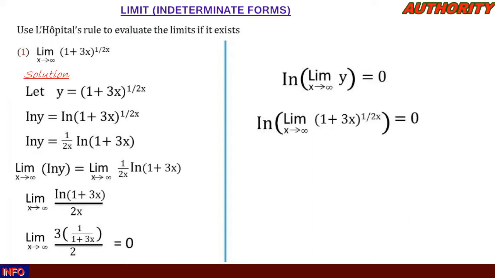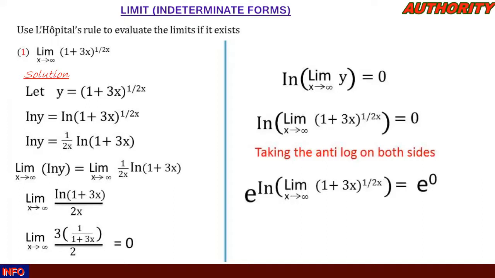So here now we are going to remove this ln. Initially we took the natural logarithm and we obtained this. So finally we have solved for the limit. We want to take it back to the original form. That is, we take the antilog. Taking the antilog on both sides, we have exponential ln of the limit as x approaches infinity of (1 plus 3x) raised to power 1 all over 2x is equal to exponential 0, or e raised to power 0.